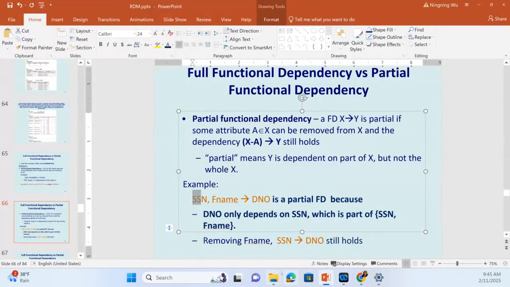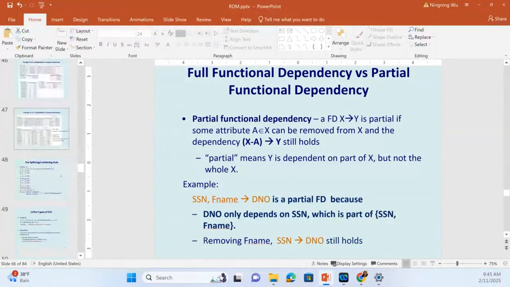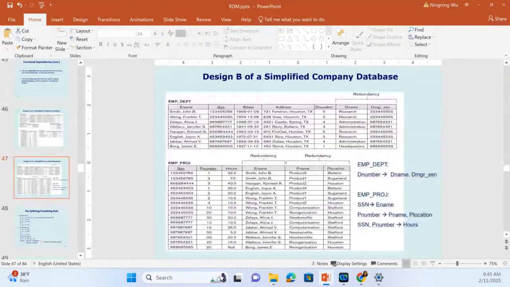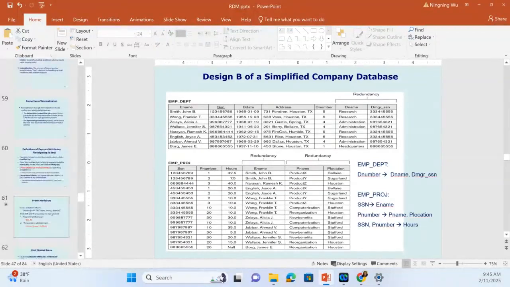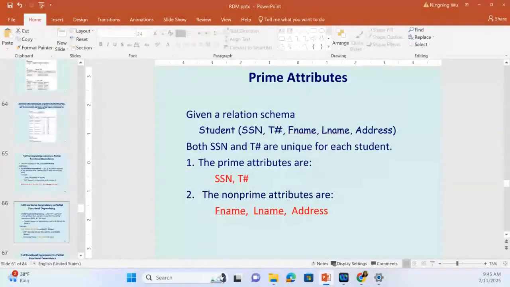The semantics behind SSN determines DNO: we use the table that we assume, where SSN determines the D number.